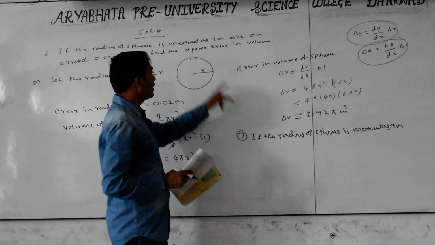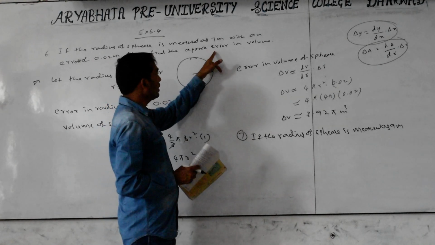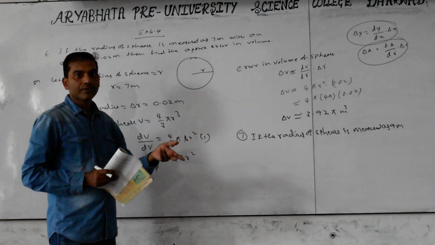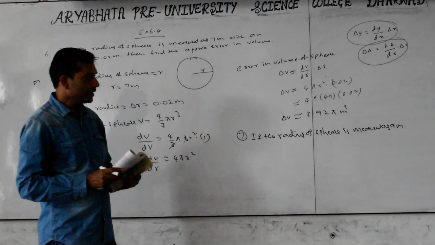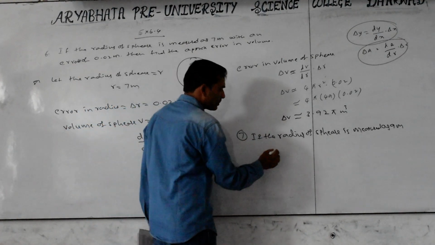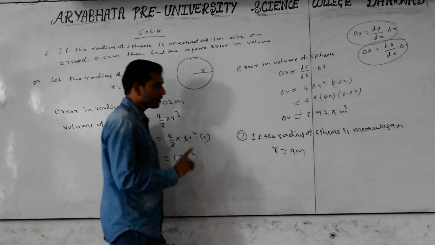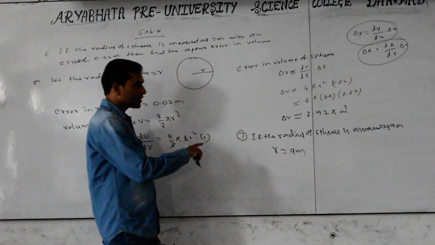We should find the error in surface area. Here we have done error in volume. So what is the surface area of a sphere? 4 pi r square. Okay. What is given here? Radius of the sphere r equal to 9 meters. You see the question in the textbook.